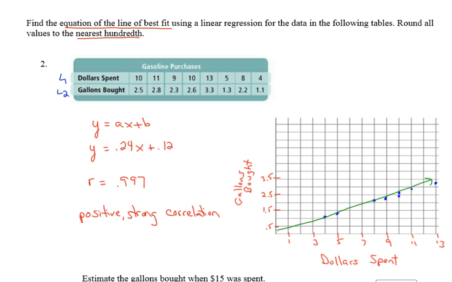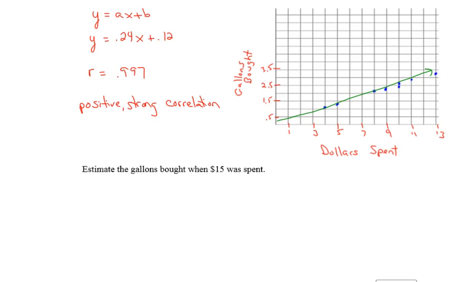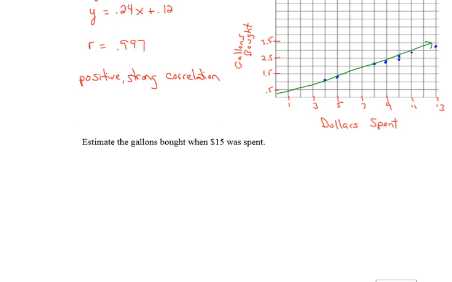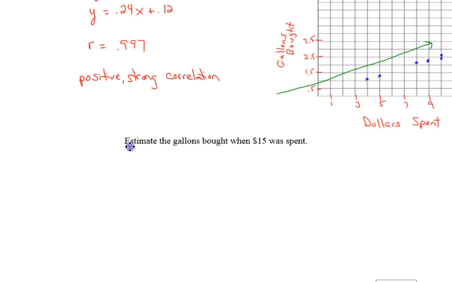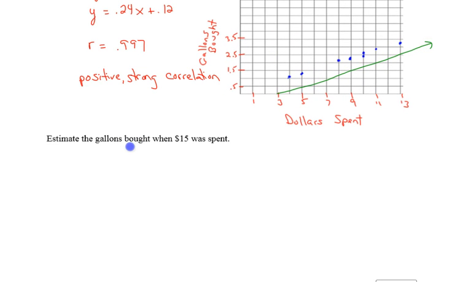Now we're going to use the equation of the line of best fit to estimate the number of gallons bought when $15 was spent. So remember that the number of gallons bought was our Y value, and $15 was spent, and that's our X value. Now remember, in the line of best fit, we had Y equals 0.24x plus 0.12.